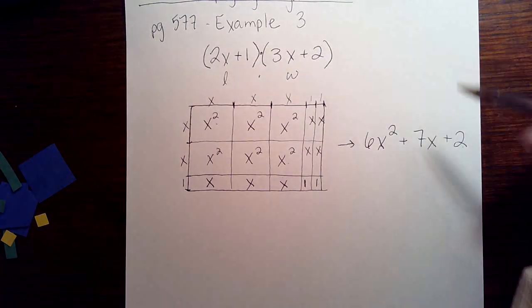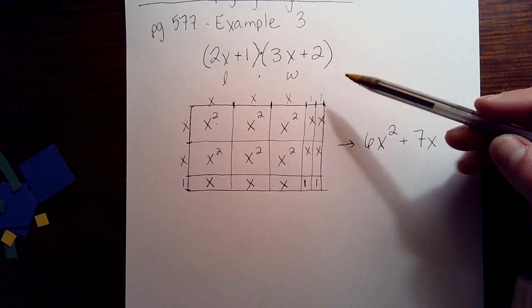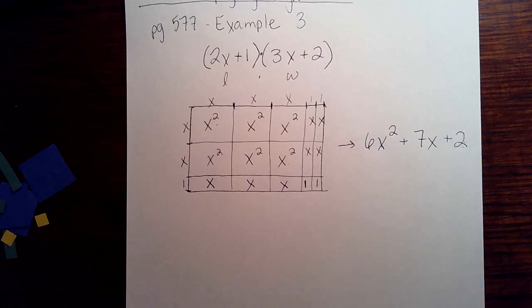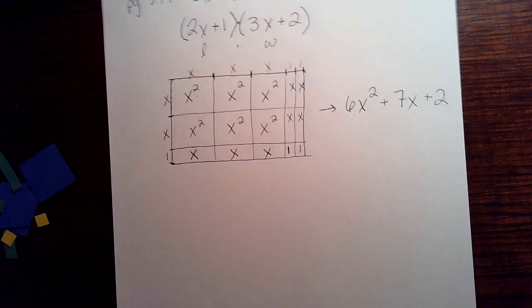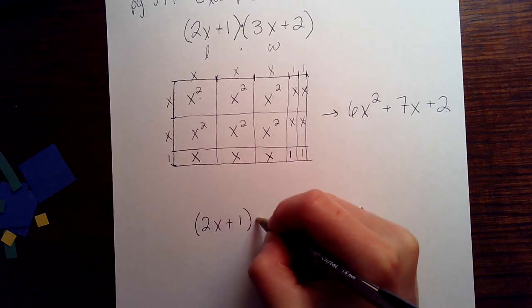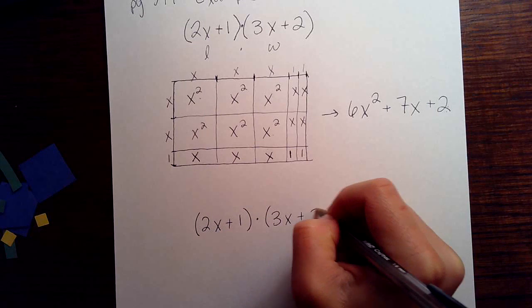Most of this, I would encourage you to keep using this area formula. This can be our go-to for now. But I do want to show you there is another way to do this, and we sometimes call it the FOIL method. 2x plus 1 times 3x plus 2.